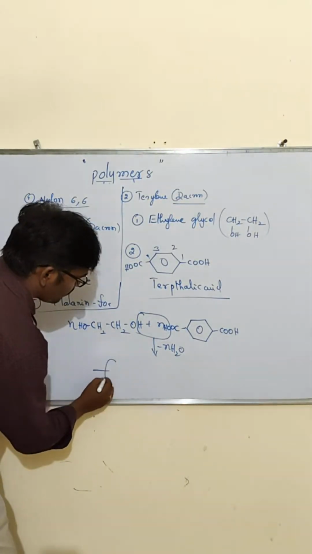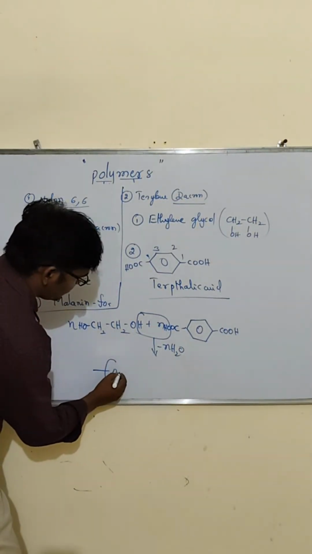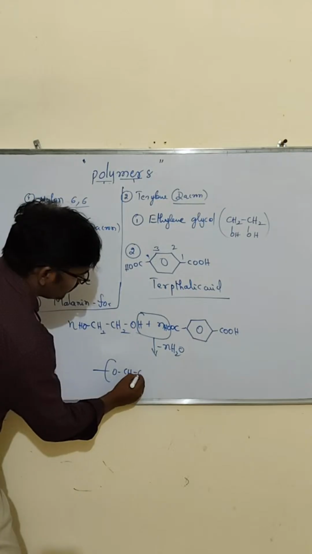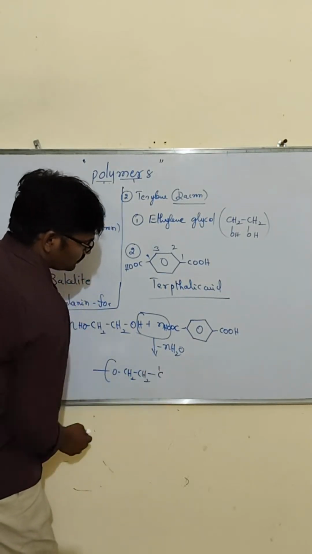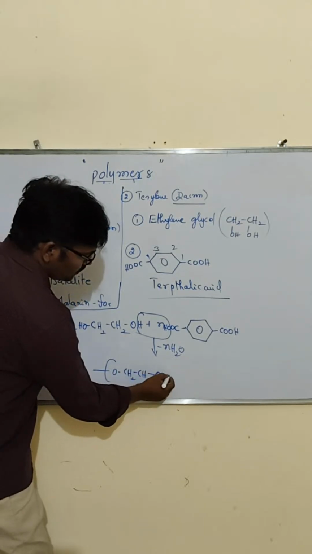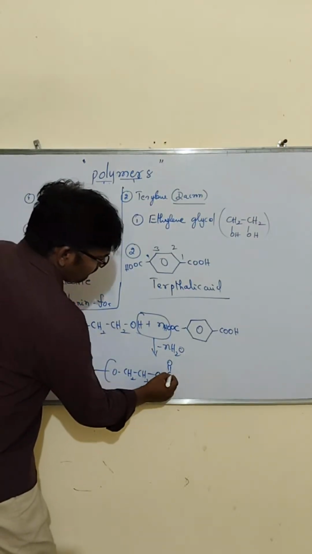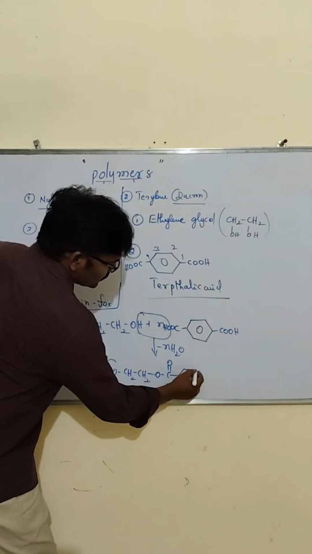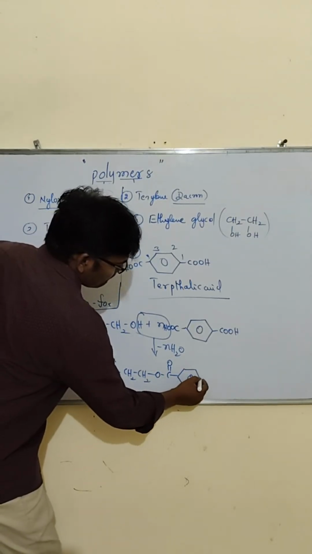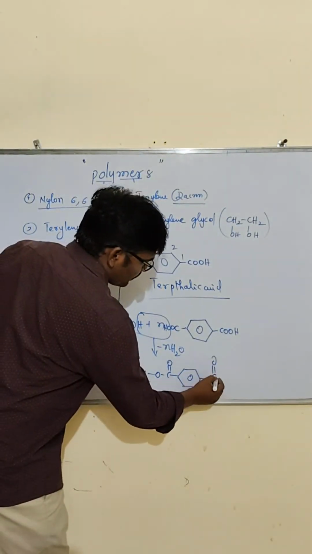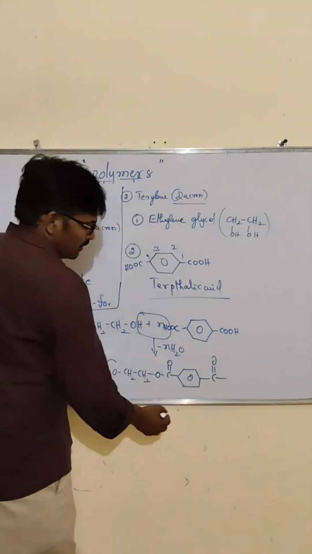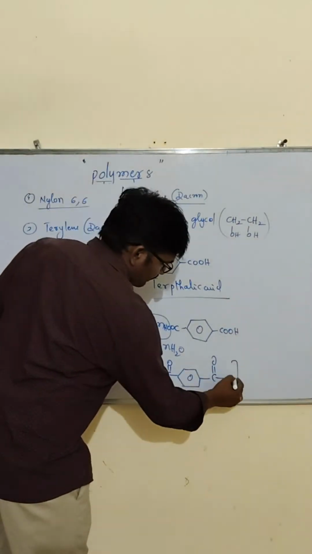Then form bond O, CH2 bond CH2, then O, C double bond O, then the benzene structure, bond C double bond O, like this.